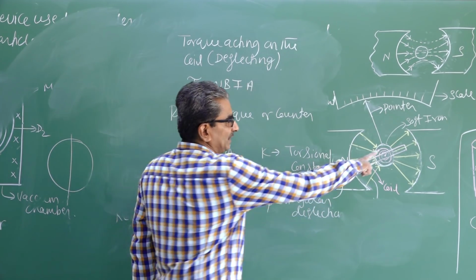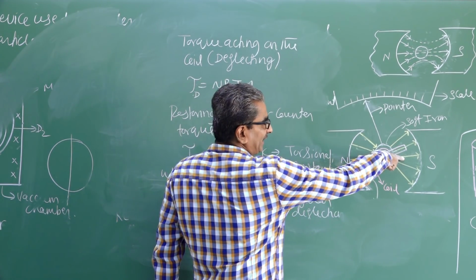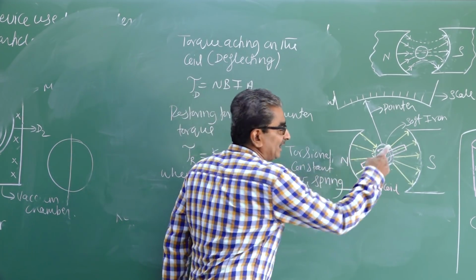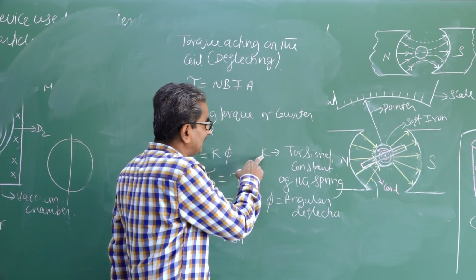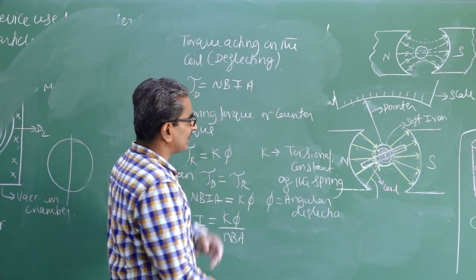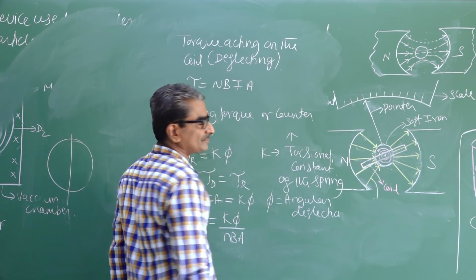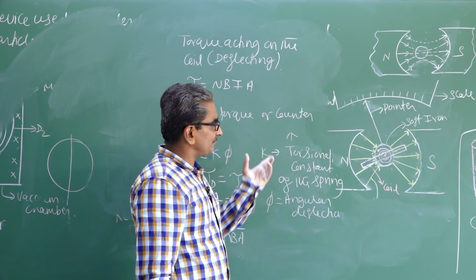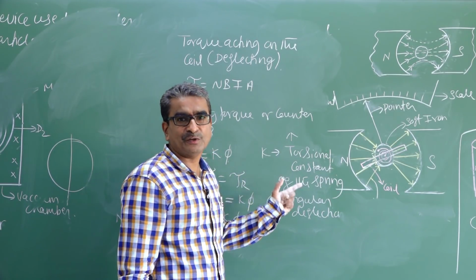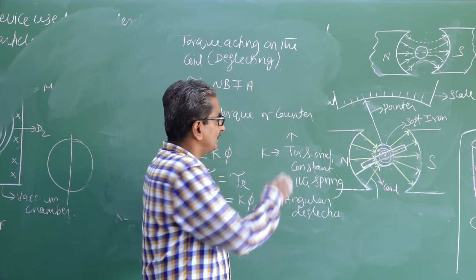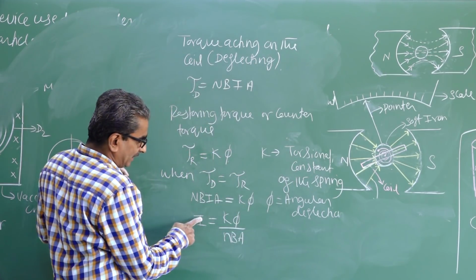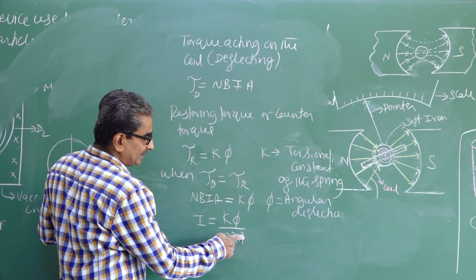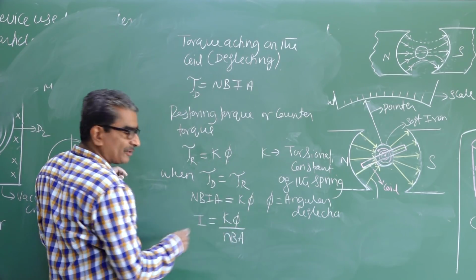That means if the coil deflects by 1 degree, then what is the torque that acts on this coil for 1 degree? That is nothing but K, the torsional constant. So I equals K into phi divided by N into B into A. This is the expression for the current.